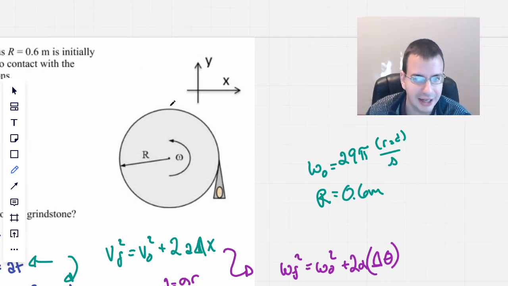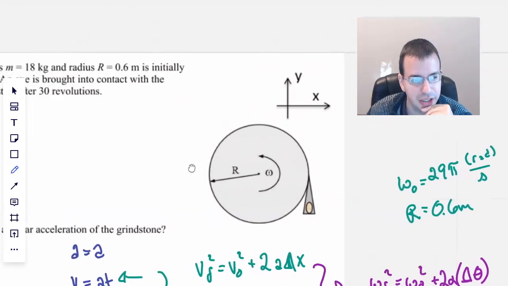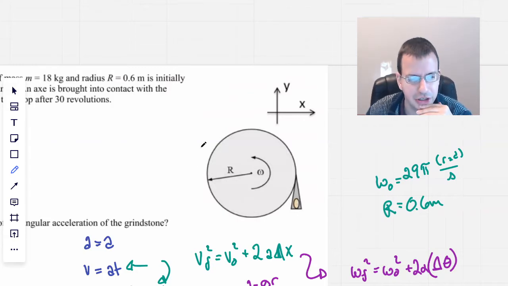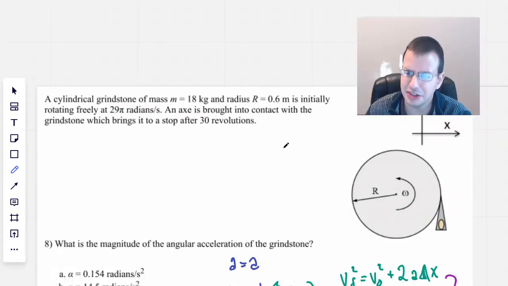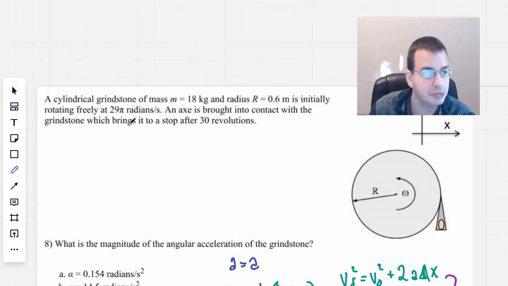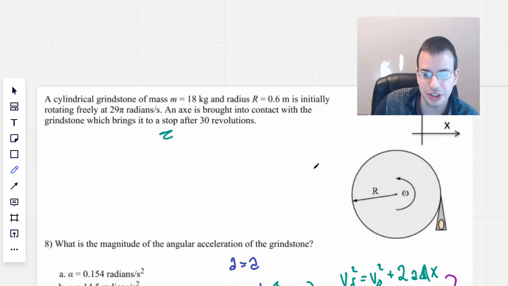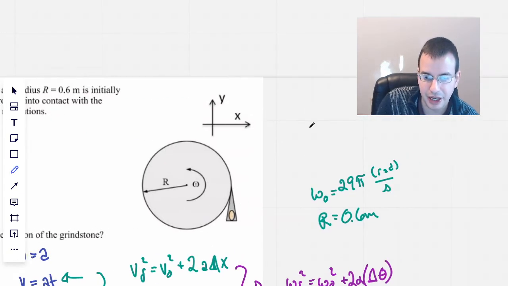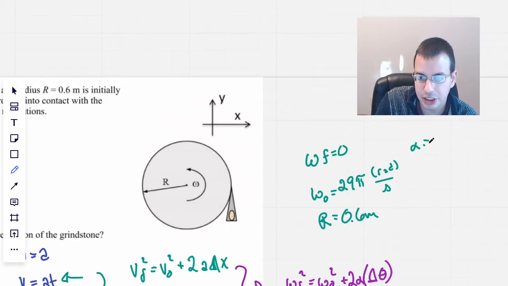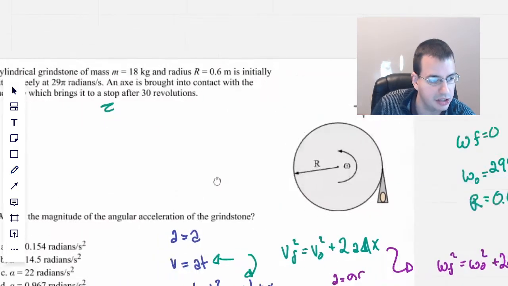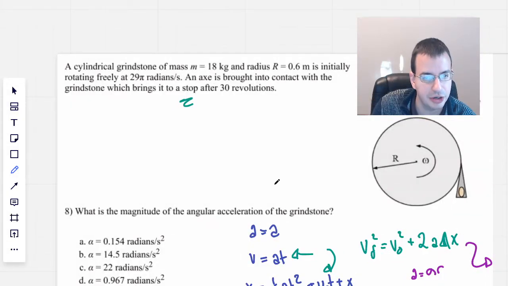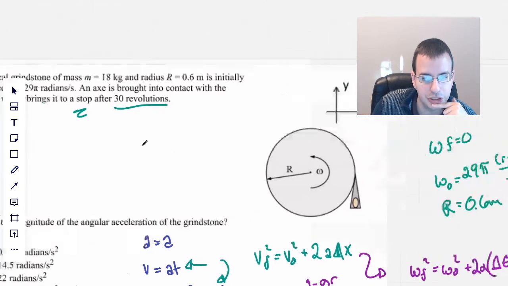It's not measured in meters, it's measured in radians, which really aren't a measurement of anything, I guess of spinning, dimensionless. The axe brings it to a stop, which means that omega final equals 0. Acceleration, I think that's what we're trying to find. What is the acceleration? And it does it over a period of 30 revolutions.